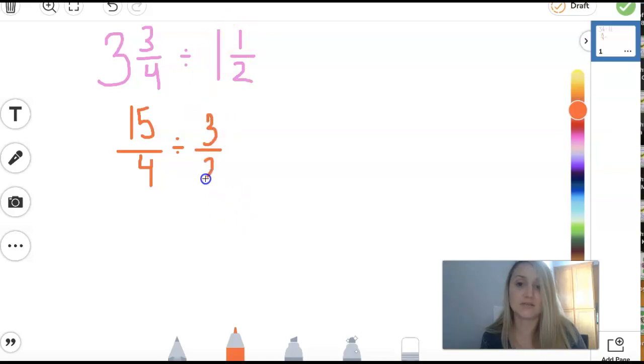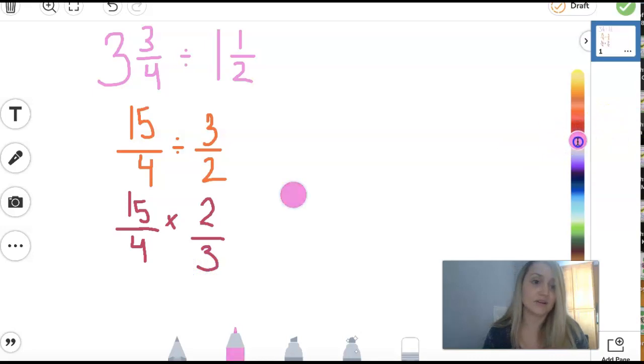Okay, so using those previous lessons, now we're going to have to make it into a multiplication. And remember, to do that, we want to flip that second number and multiply. Okay. So here we have 2 in common. So 2 divided by 2 is 1, 4 divided by 2 is 2.